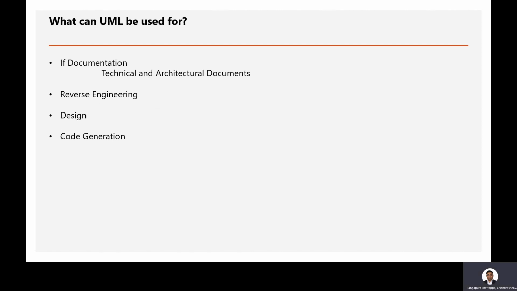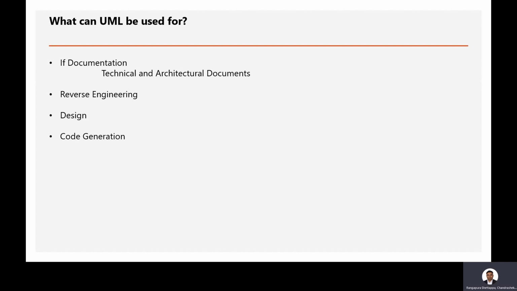Now let's find out what UML can be used for. These days, you can use it for multiple things. As I mentioned, one is for writing technical specification, architectural specification, explanation of different class diagrams, object diagrams, workflows, activity diagrams, and so on. Other than that, you can use UML diagrams for reverse engineering.